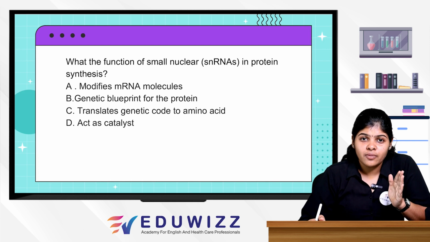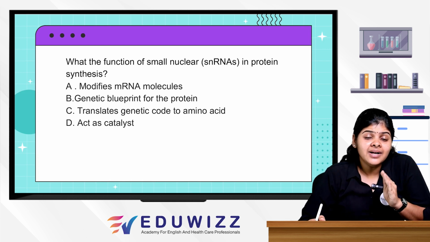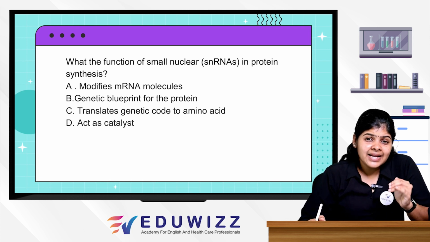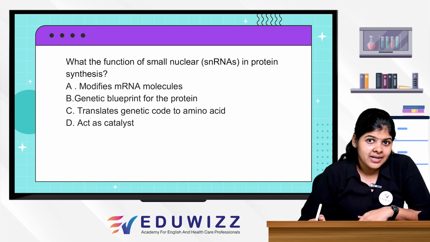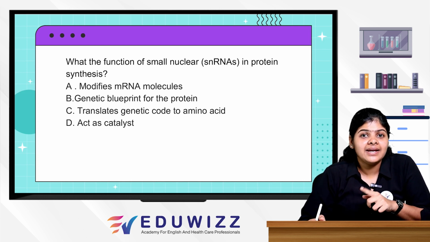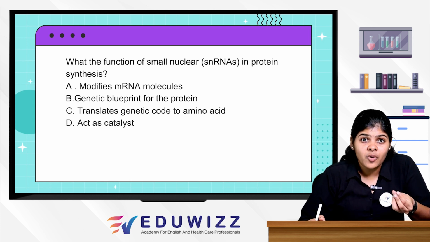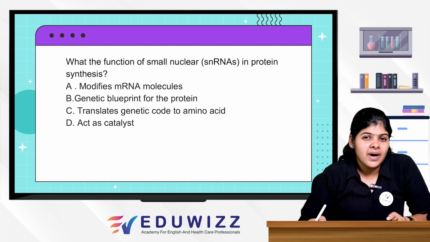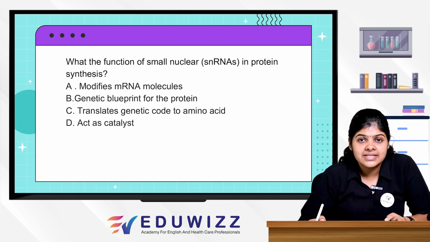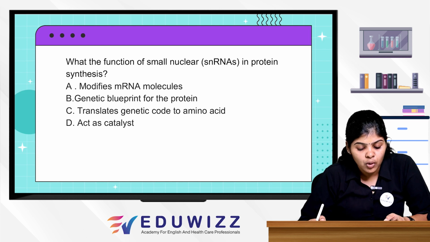These ribosomal units attach with the mRNAs and then transfer RNA, that is tRNA, and then it creates the amino acid. So from my point of view, we can select modifies mRNA molecules. So the answer is modifies mRNA molecules.